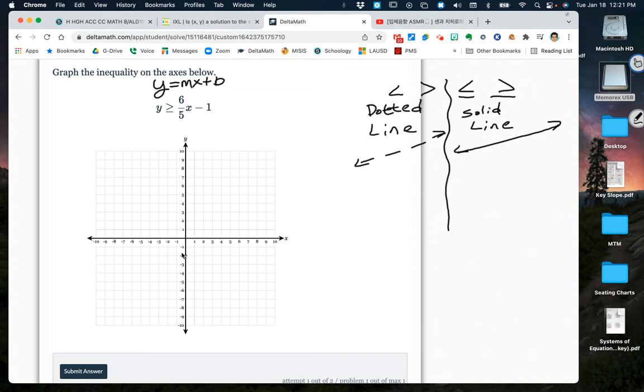-1. Okay? And then use the slope, 6 over 5. You go up 6, so I would go up 6 and then across 5.